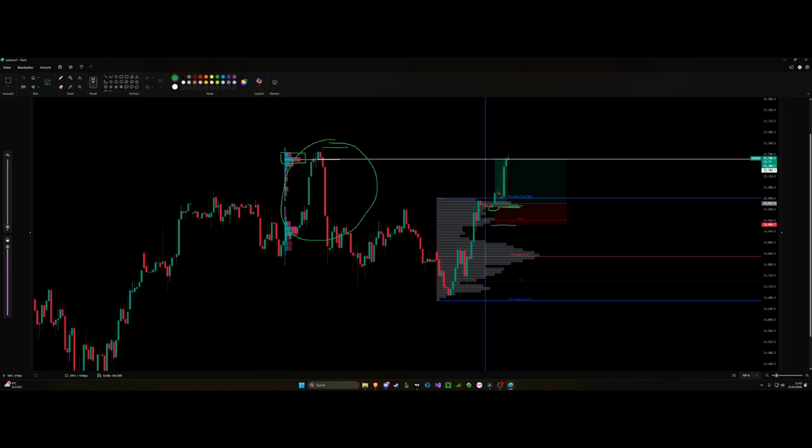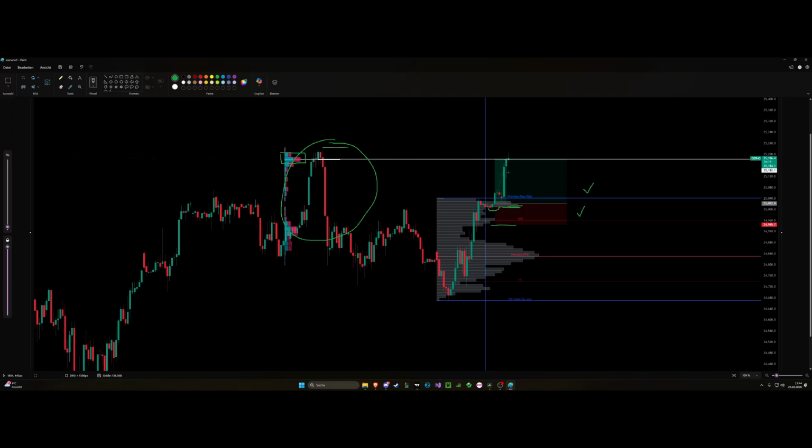So basically what I'm looking for is an open outside the value area, which is what we have here, and rejection of the re-entry of the previous day profile. And what do we get?